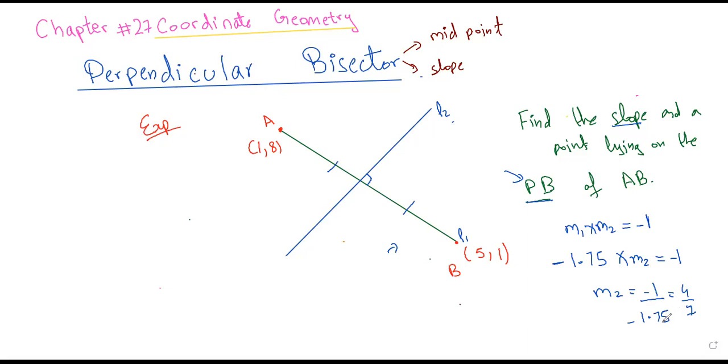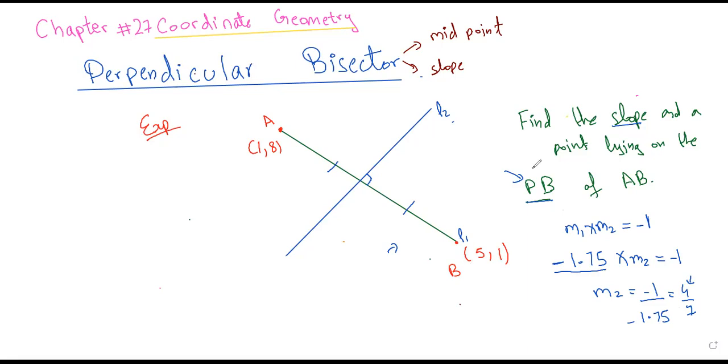Yes, -7 by 4 for the line AB. But for the perpendicular line, it would be the negative reciprocal of -7 by 4, which is 4 by 7. So the slope is 4 by 7. It is not minus 1.75. Minus 1.75 is the slope of the line AB, not the blue line.